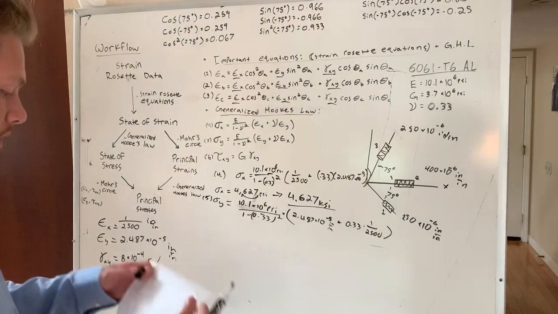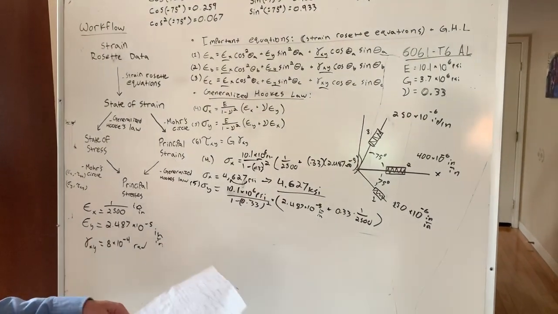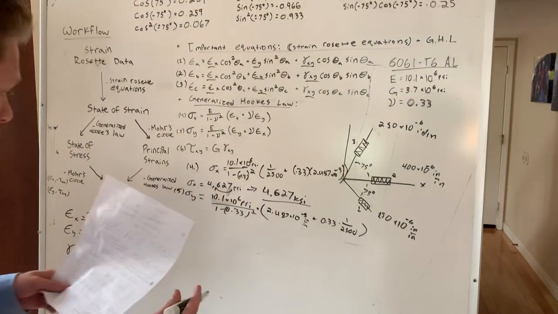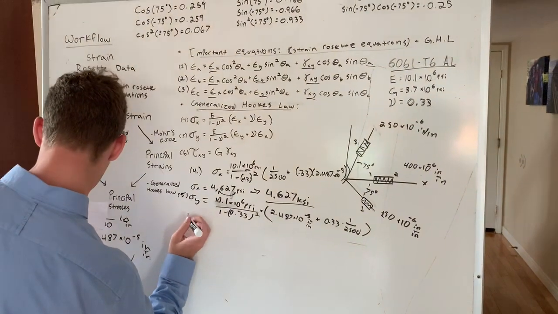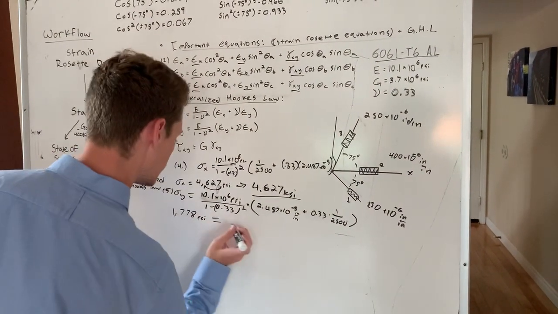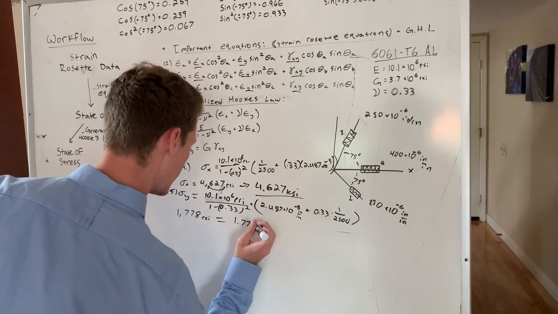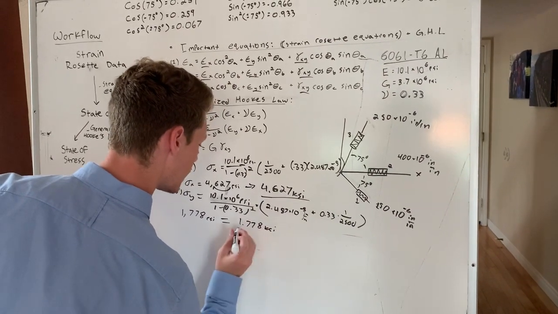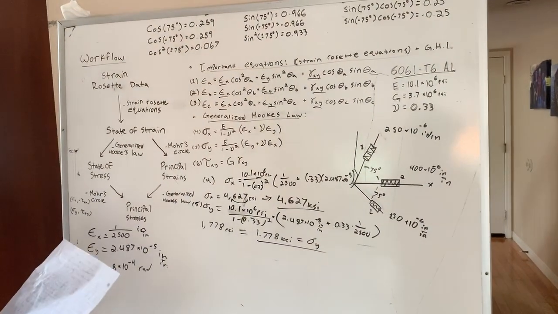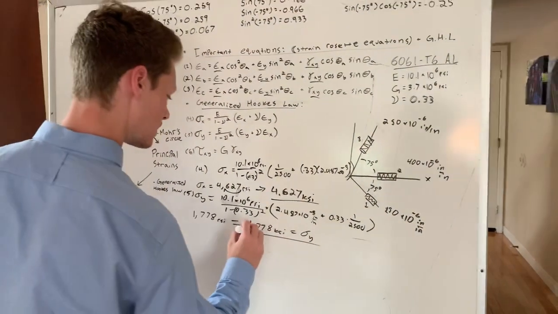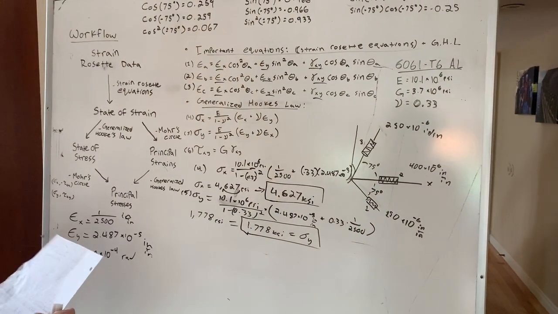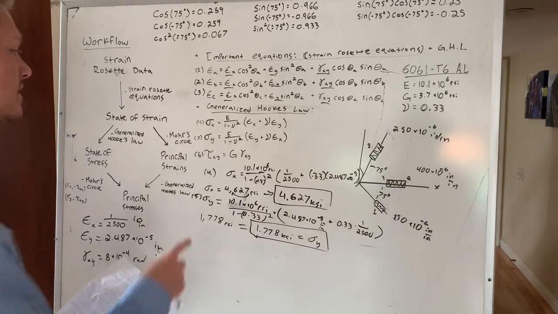You put that into your calculator, and you will receive the number 1,778 psi, which is equal to 1.778 KSI, which is the stress in the y direction. All right, 2 important numbers. Let's box these. These are very important.